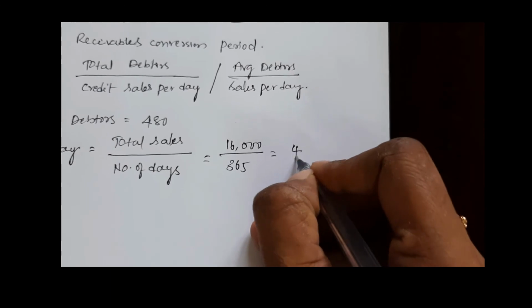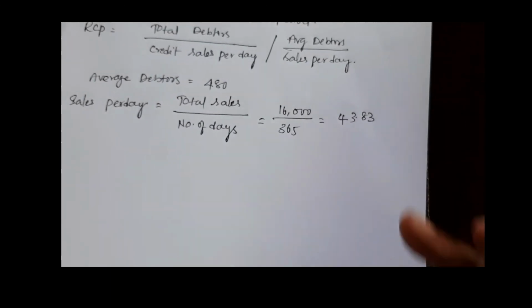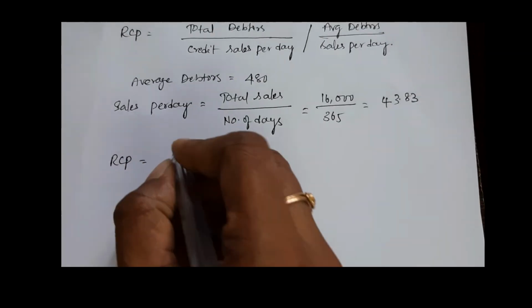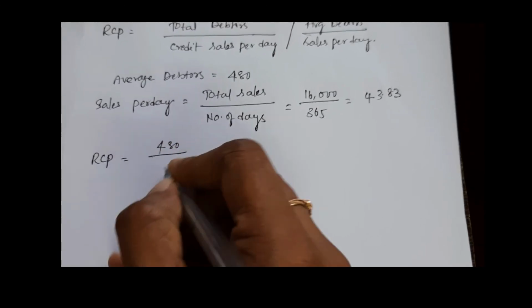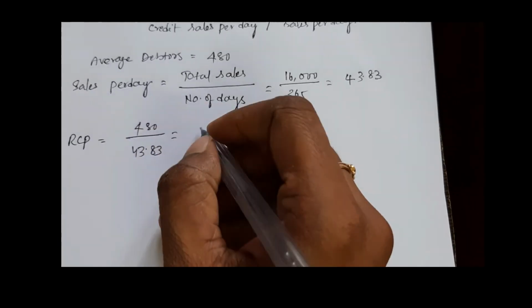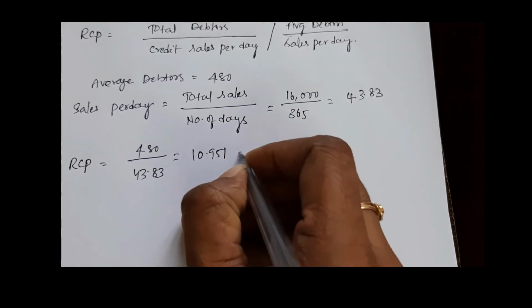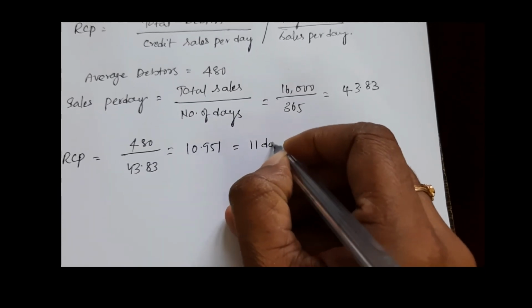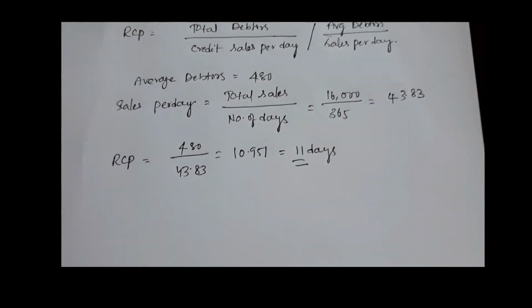We will get 43.83. Now RCP is equal to 480 divided by 43.83, that is sales per day. We will get 10.951. As these are days, this can be rounded off to 11 days. So this is the receivables conversion period.